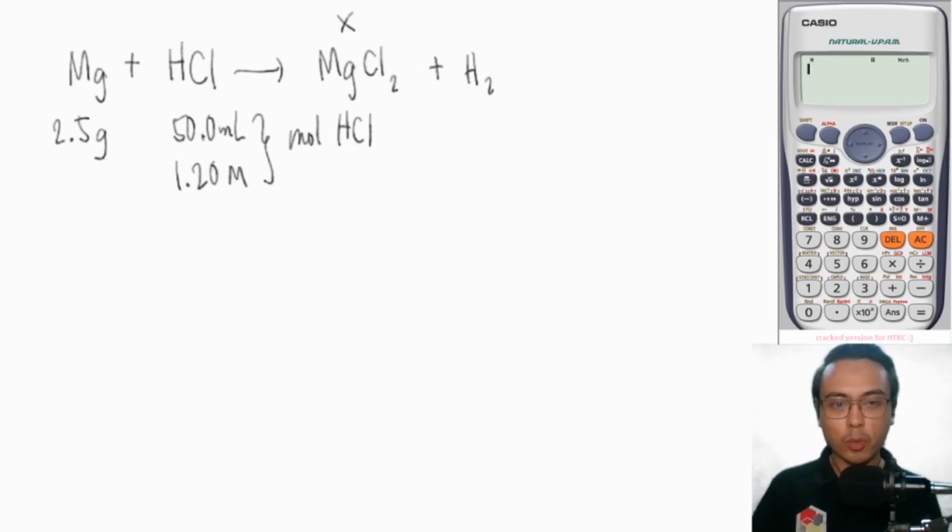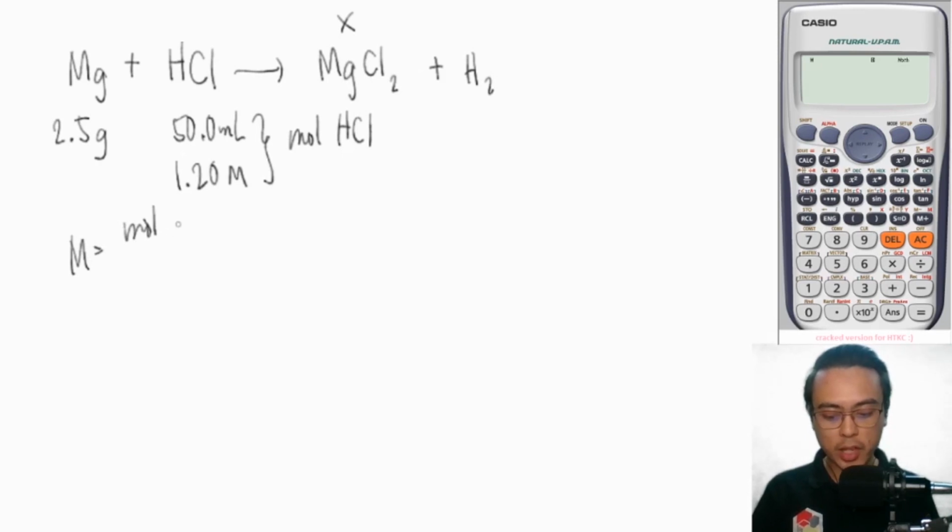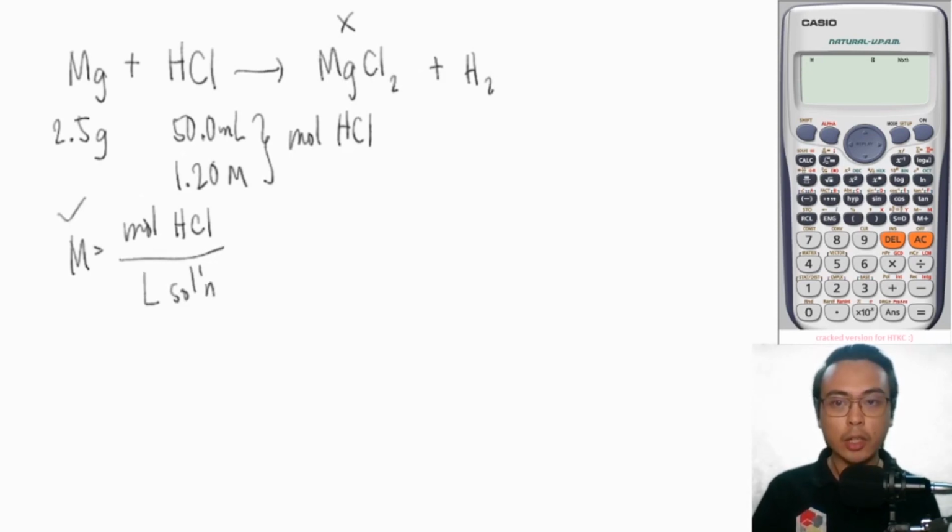Okay, let's start with the HCl. Again, the definition of molarity is moles of solute, in this case your solute is HCl, divided by the volume of the solution in liters. We are given the molarity. You are also given the volume of the solution. We just have to convert it to liters, and then we can solve for the number of moles of HCl.